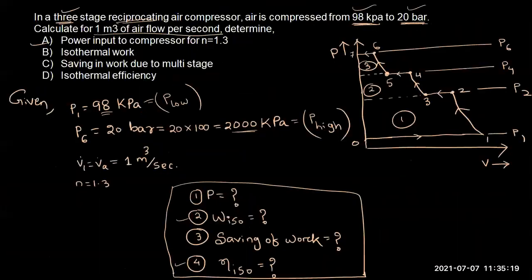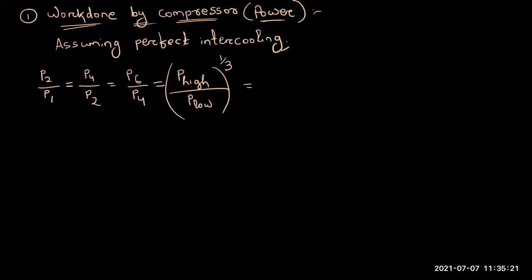So we'll put these values here: 2000 kilopascal and 98 kilopascal, whole to the power 1 by 3. So if we solve this, how much value am I getting? P2 by P1 equal to P6 by, not P6 by P1, it will be P6 by P1 to the power 1 by 3.